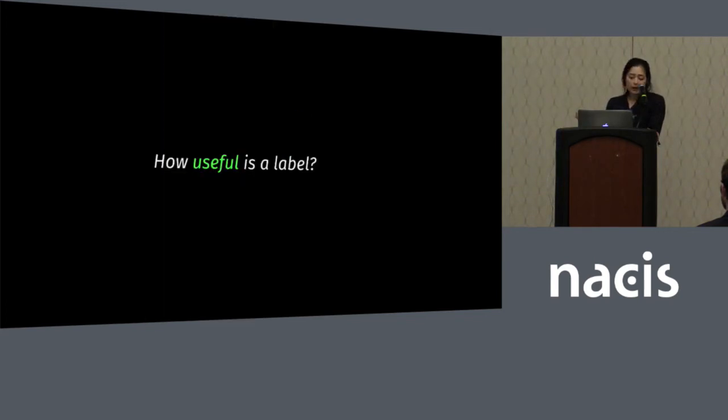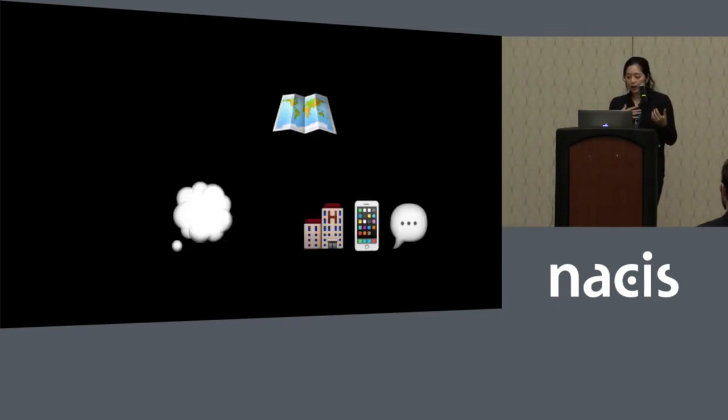And so now I want to ask, how useful is a label? Because we've discussed how meaningful it is, and we've also discussed how there are different ways a label can be meaningful, and those different ways can help you access information in the world in different ways. For example, being able to pronounce the label has the benefit of allowing you to communicate verbally.